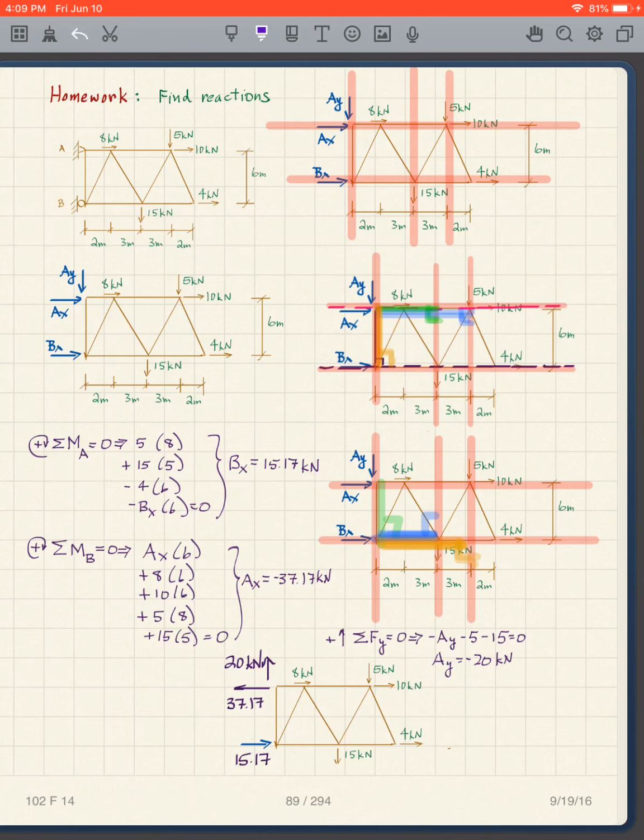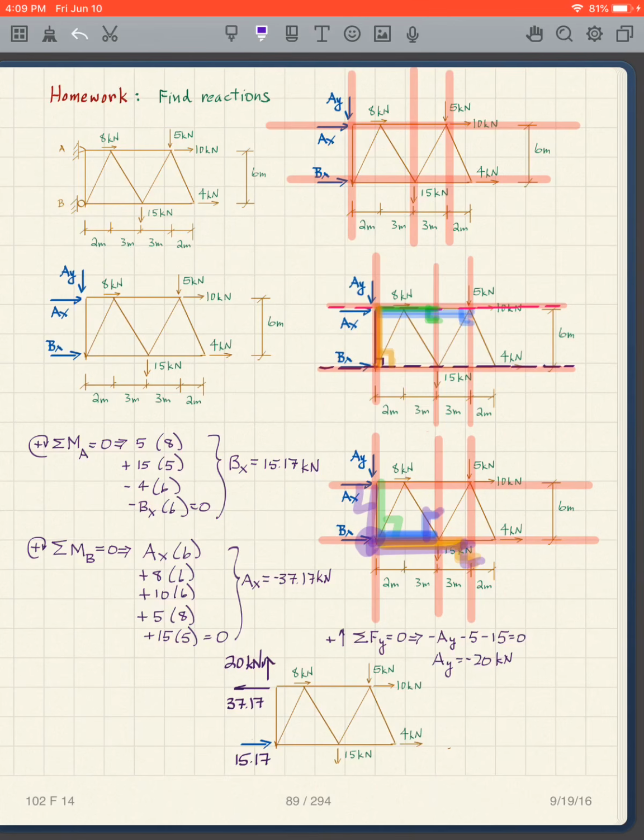Take moments about B. Here I am. And I have my perpendicular distances about point B. And there's one. There's one.